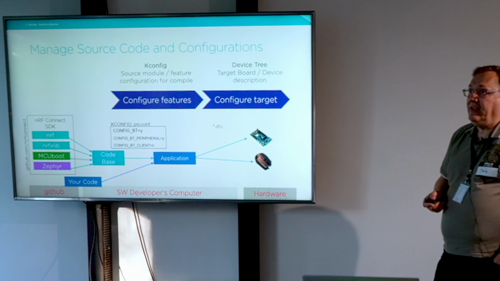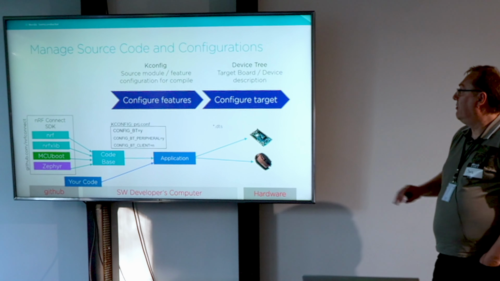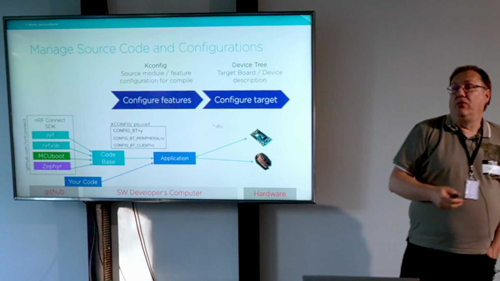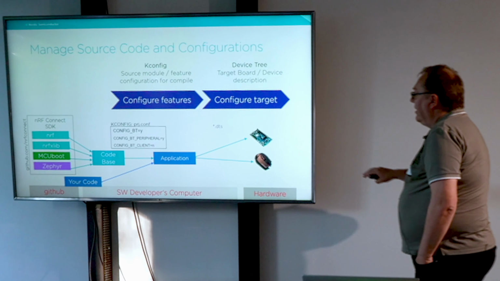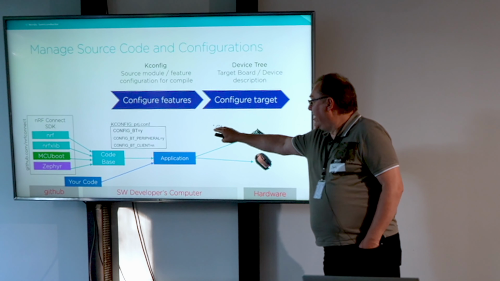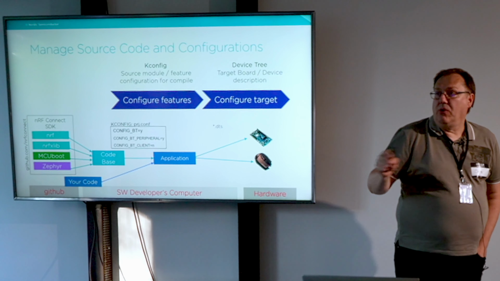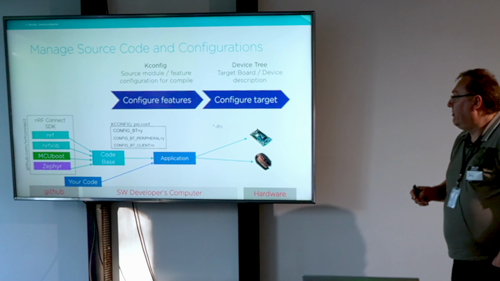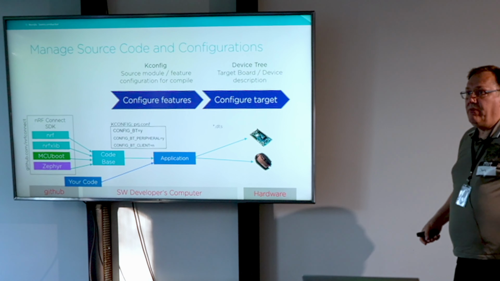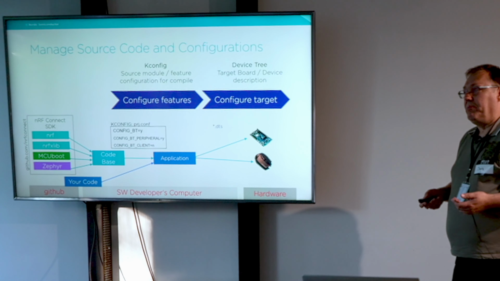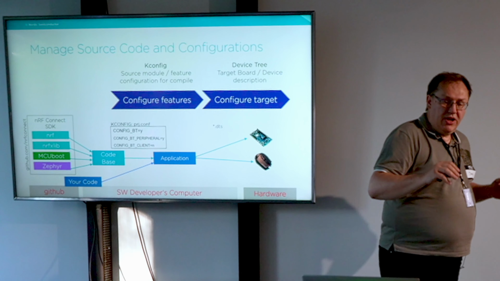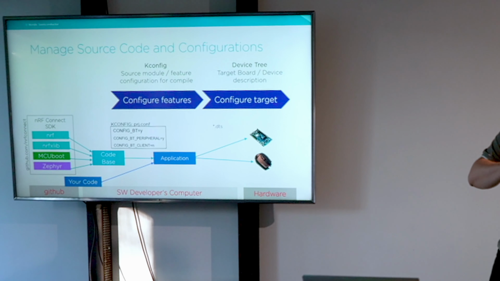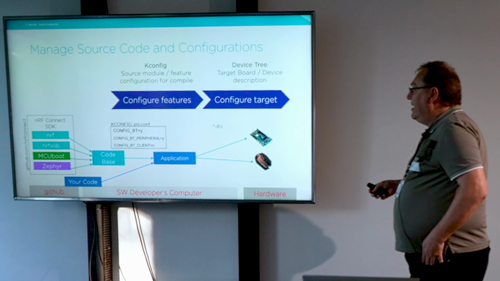And because of that, the decision was made that devicetree is also used here in Zephyr. Devicetree uses a devicetree source file, its own file, where the hardware is described with a specific language. So here you define which GPIO is used for LED 0, for example.